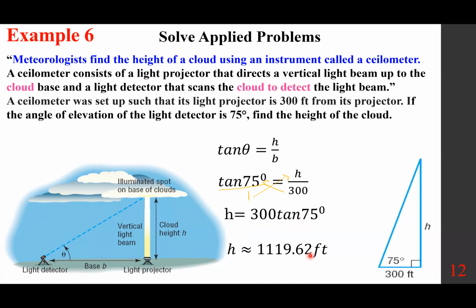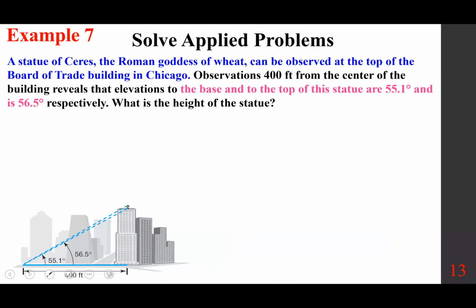Could somebody read this question, please? A statue of Ceres, the Roman goddess of wheat, can be observed at the top of the Board of Trade building in Chicago. Observations 400 feet from the center of the building reveal that elevations to the base and to the top of this statue are 55.1 degrees and 56.5 degrees respectively.